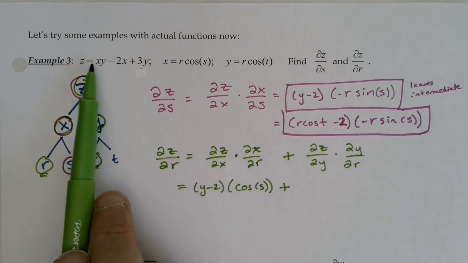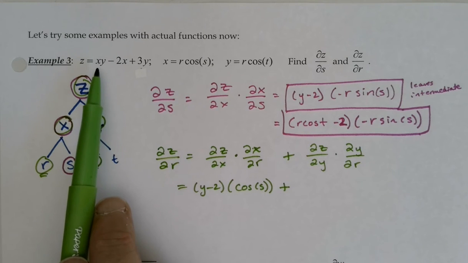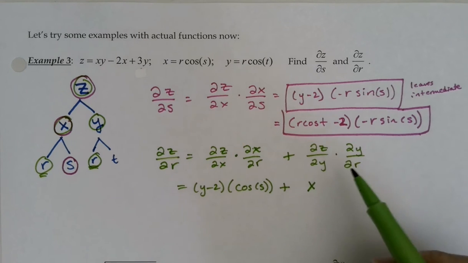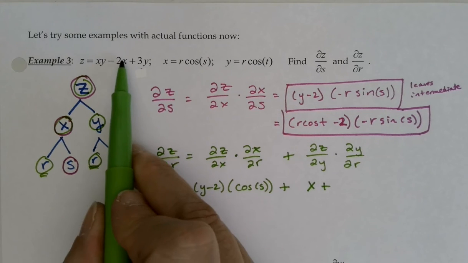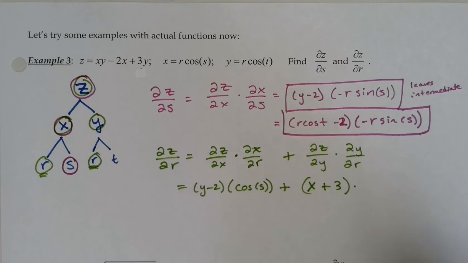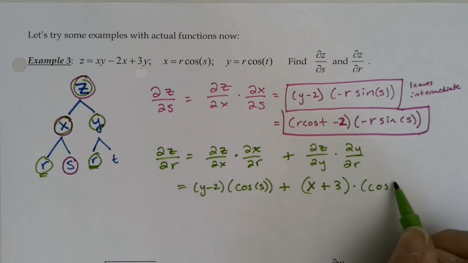So that treats your x's as if they're constants. So derivative of 5y would be 5. So the derivative of xy would be x, plus nothing, plus 3. And then the derivative of y with respect to r would be cosine of t.